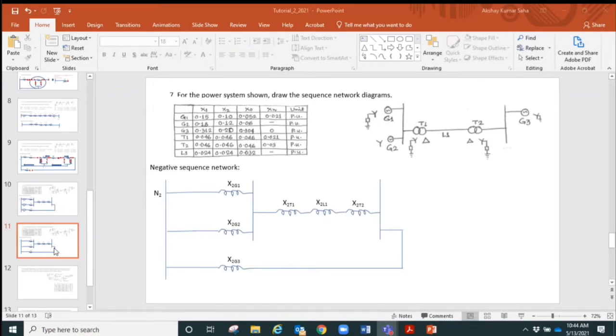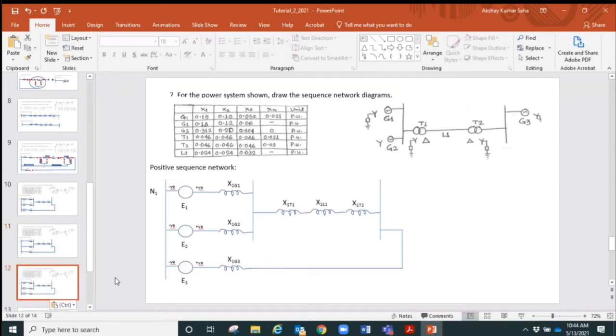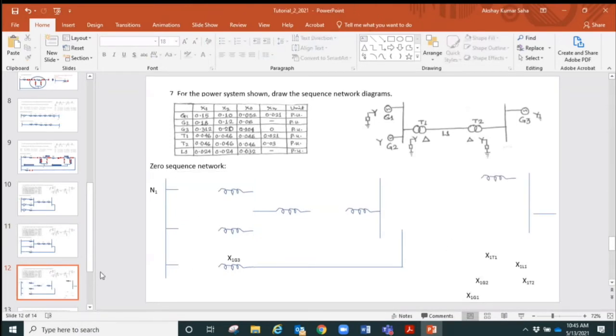Okay, let's go to the zero sequence network. For the zero sequence network, we again start with generator 1. Generator 1 is also star connected, grounded through a reactance. The reactance is given here as Xn.